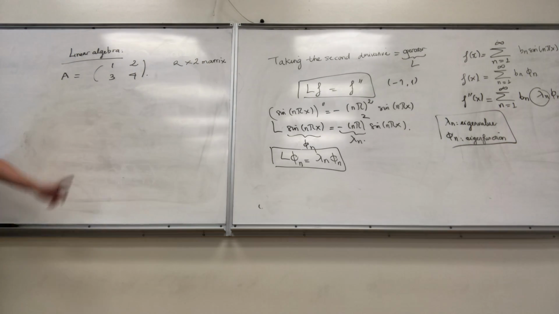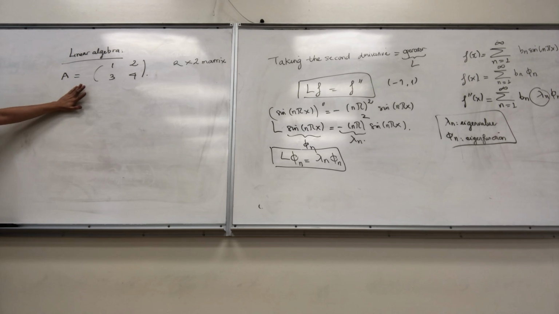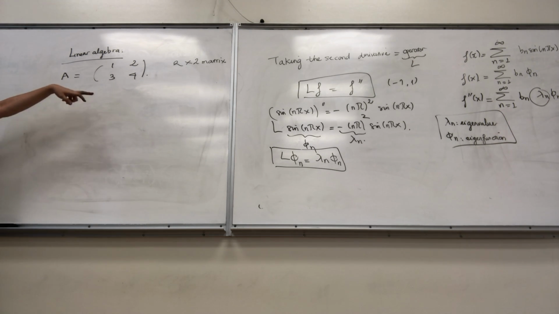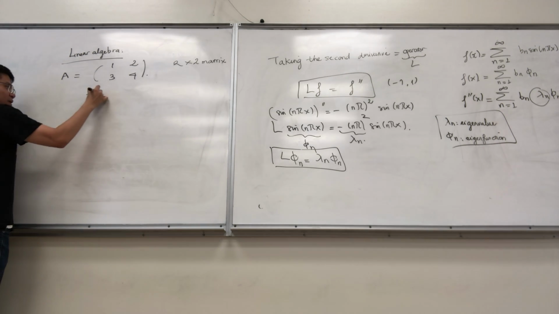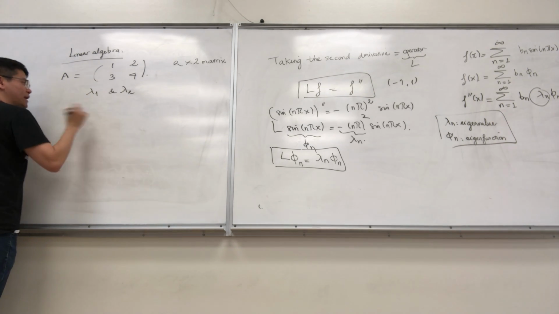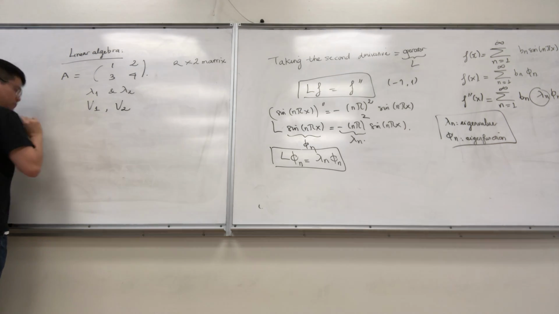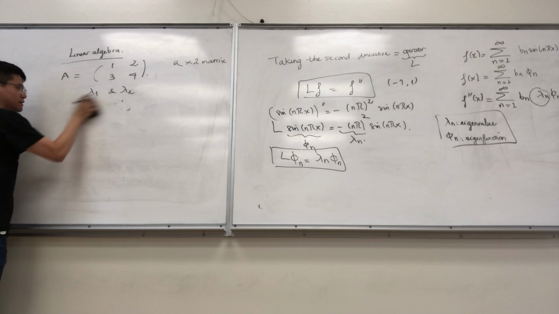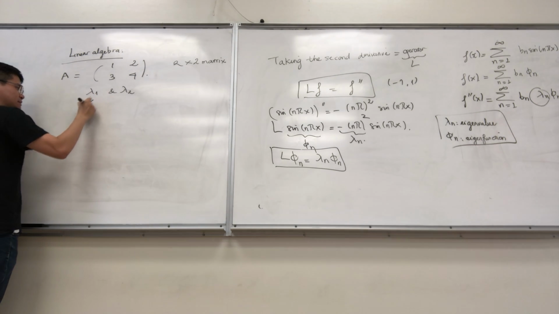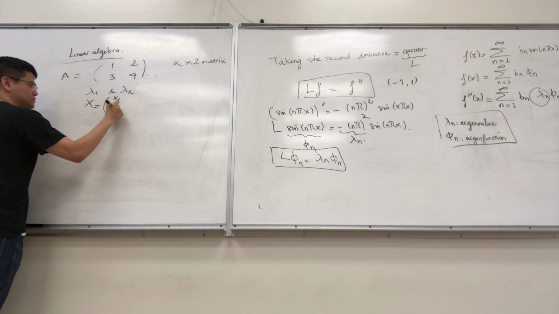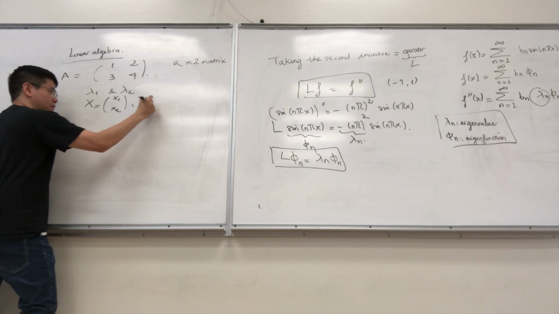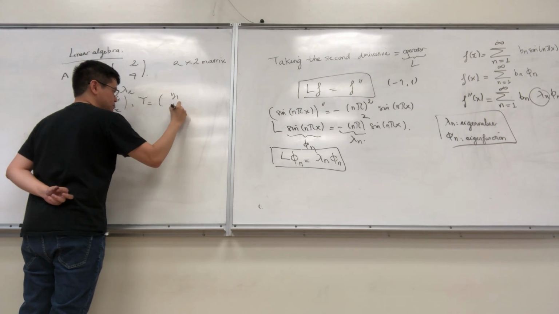And this matrix is invertible because the determinant is not 0. So then there will be lambda 1 and lambda 2 and two vectors. Let me call them x and y, with x to be x1, x2, and y to be y1, y2.